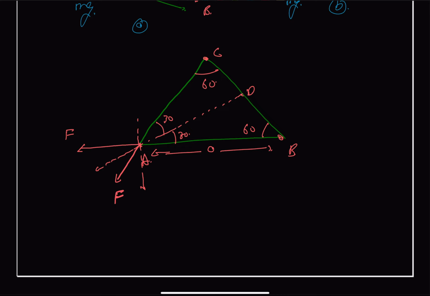Yeah, these will be two components. Okay, so this will be F sin 30, and this will be F sin 30. And there will be two forces lying in the same direction. One will be F cos 60, because this angle will be 30, and the other one will also be F cos 30.